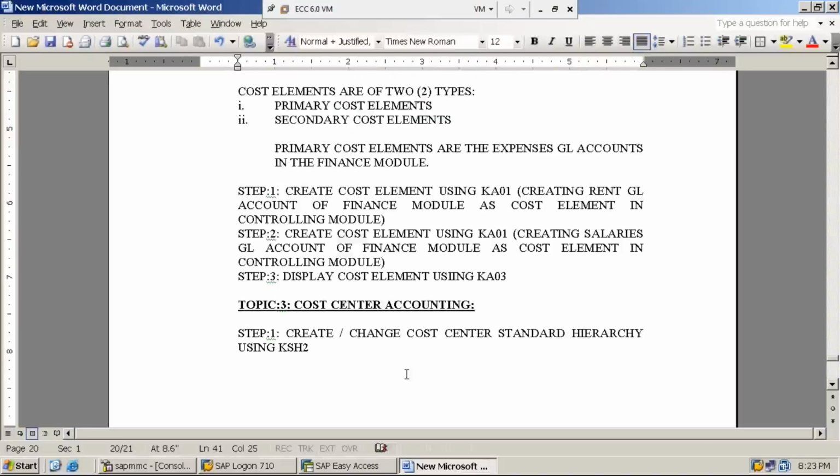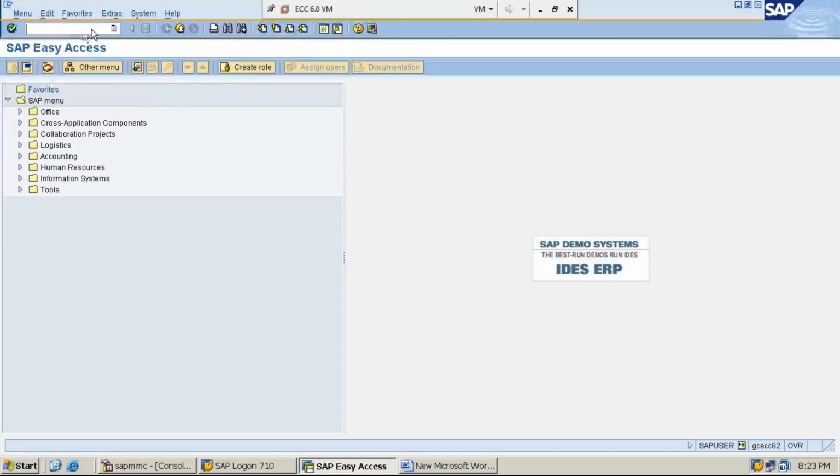Prior to that, if you remember, while setting up the basic settings in the controlling area, when we were creating the controlling area, we mentioned STDHR underscore something. Let me show you that before we go ahead with what exactly the cost center standard hierarchy is.